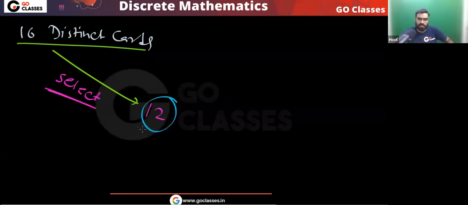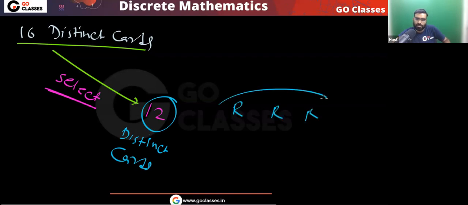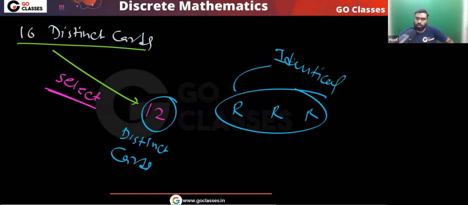Now these distinct cards you have, you need to put in 3 identical rooms. And in each room you need to put 4 cards.